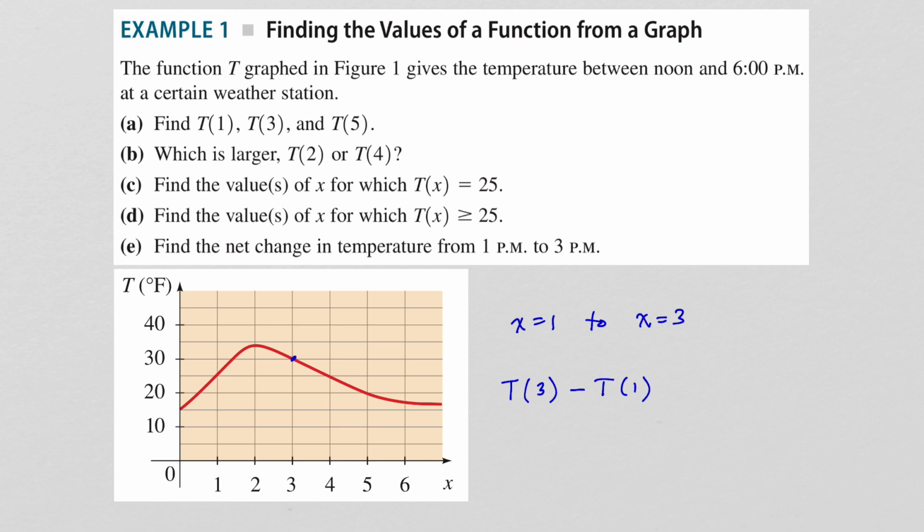So T of 3 appears to be 30 degrees Fahrenheit, and T of 1 appears to be 25 degrees Fahrenheit. And so the net change is 30 minus 25, which is 5 degrees Fahrenheit. And what that means basically is between x equals 1 and x equals 3, the temperature changed from 25 to 30. So we have a net change of positive 5 degrees.